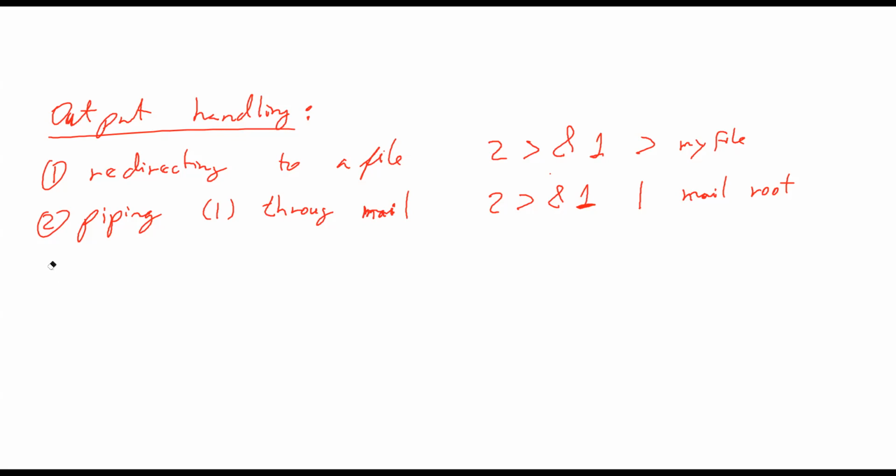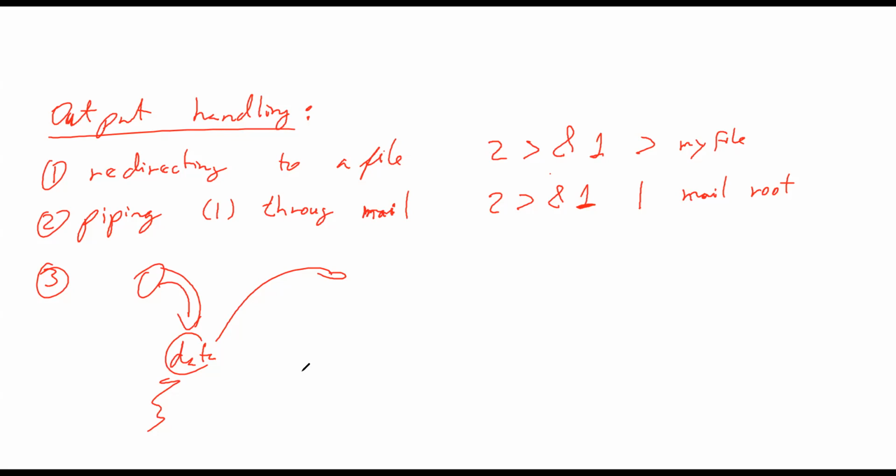Another example of output handling is that sometimes you have a program that generates a lot of data, like verbose commands of what's going on, or output results, calculations, whatever it is, but you just don't care about it. You don't want that data, you just want it to run. The program is running and creating this data, but instead of printing it out to the terminal, you can redirect it and throw it away, like in Linux, the black hole.